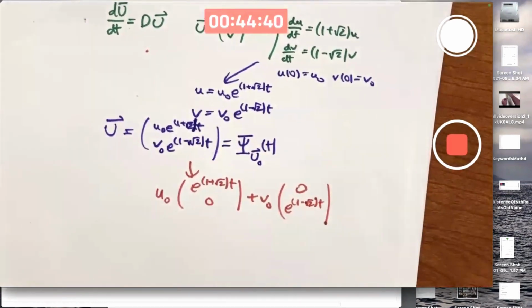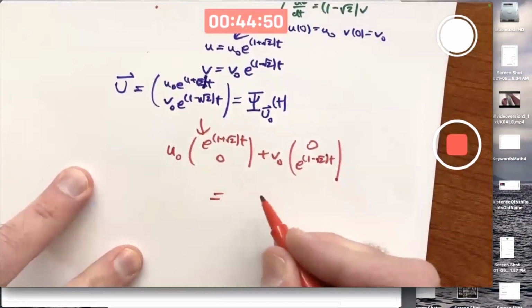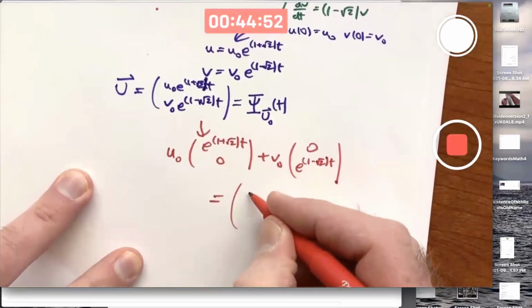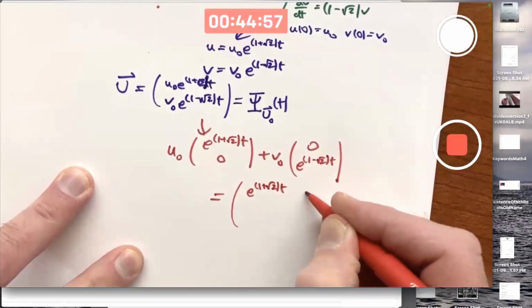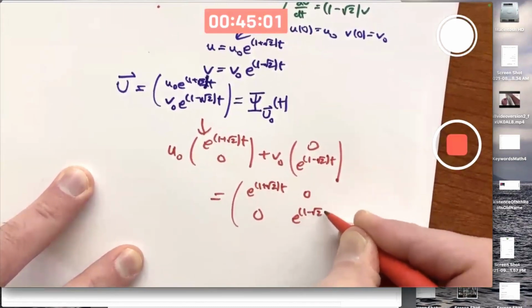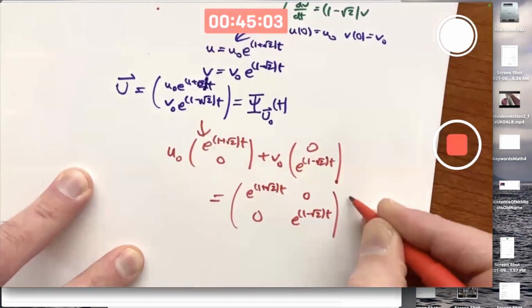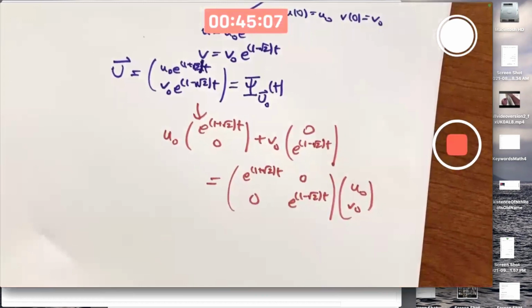But remember, a linear combination of vectors can always be thought of as a matrix multiplication, a matrix times a vector. This, by definition of matrix times a vector, is the same as this 2 by 2 diagonal matrix times the vector (u0, v0).